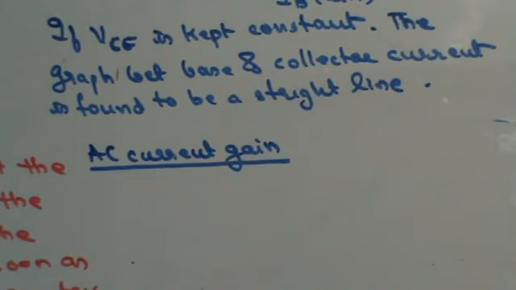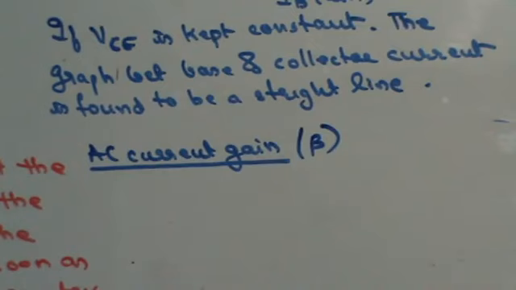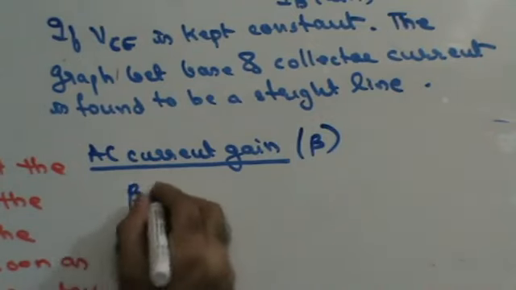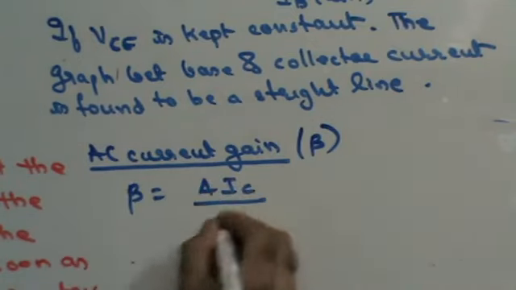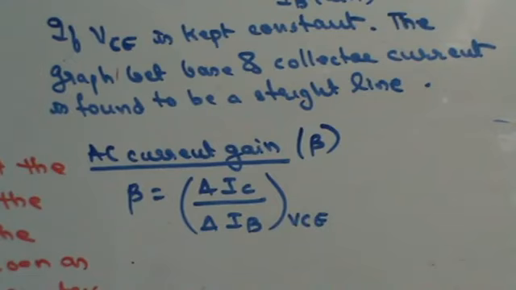The AC current gain is denoted by beta. So I can say beta is the change in the collector current to the change in the base current, keeping the collector voltage constant. Fine, do we get this thing here?